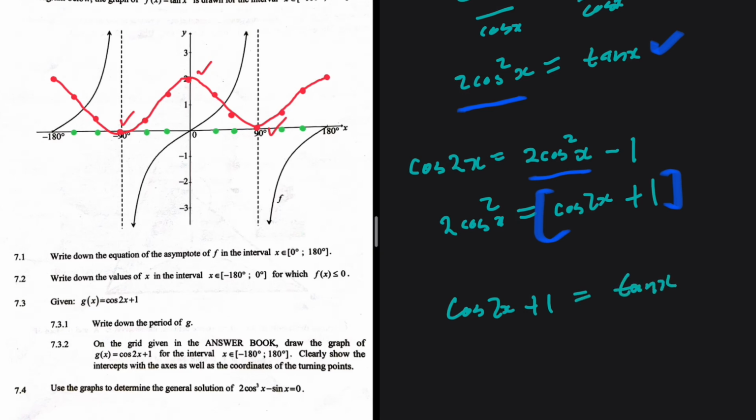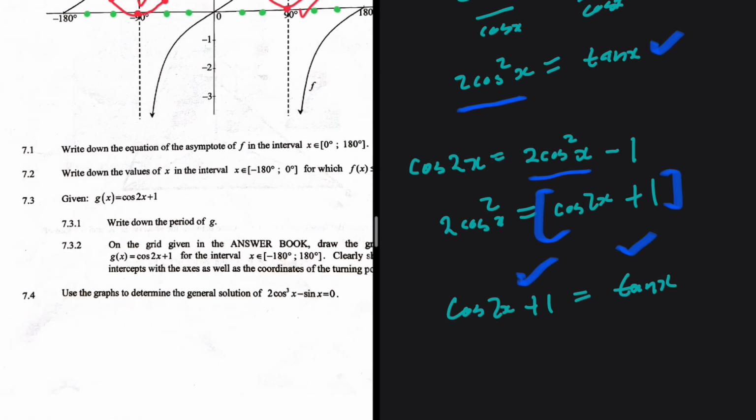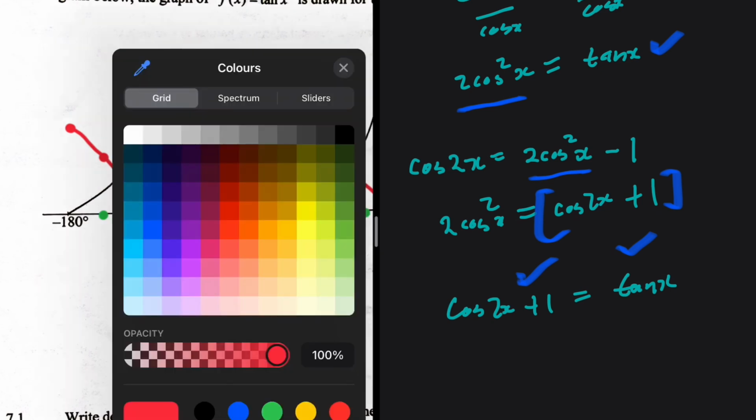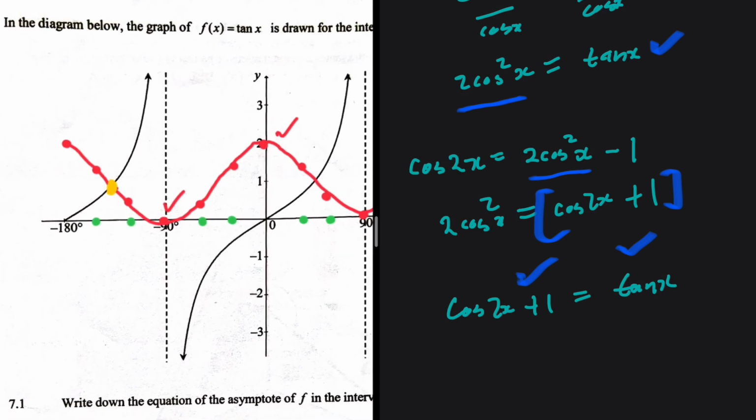So in order to find the general solution using the graphs, we just go into our graphs and look for values of x for which the two graphs are equal to each other, right? So if we go there, we can see clearly here that they are equal to each other at that point there, okay? And then where else are they equal to each other?